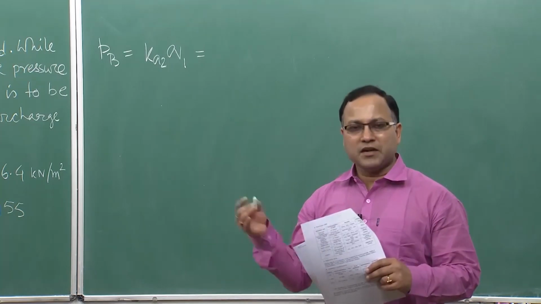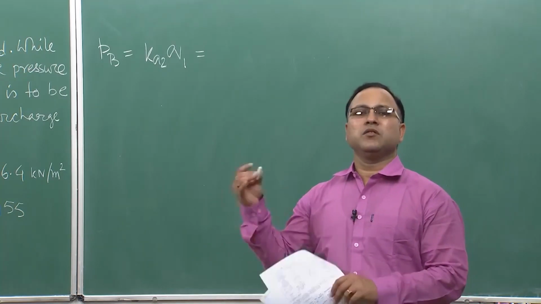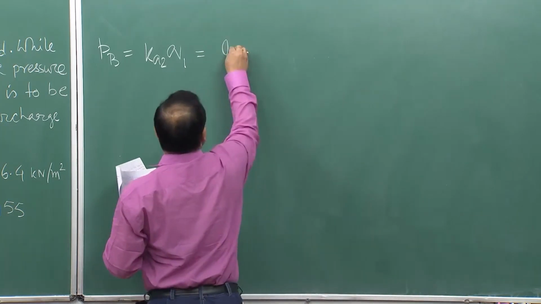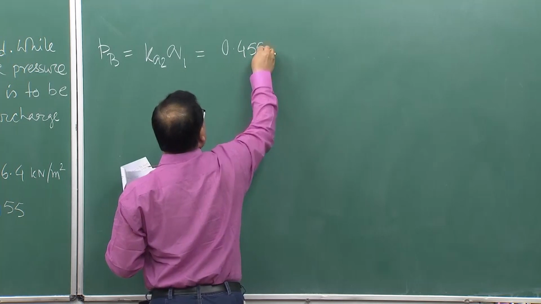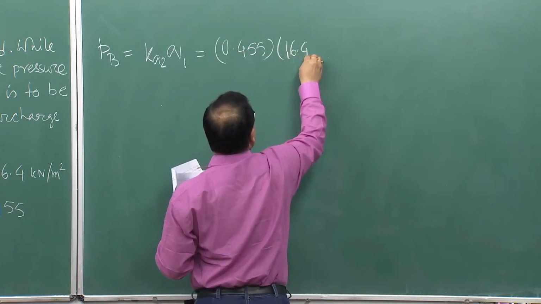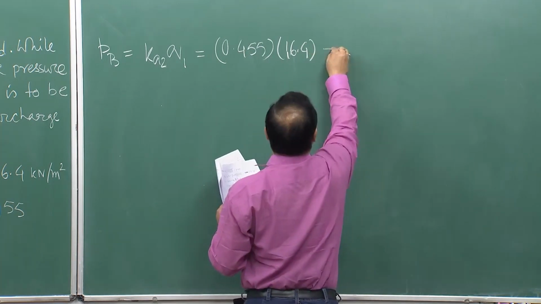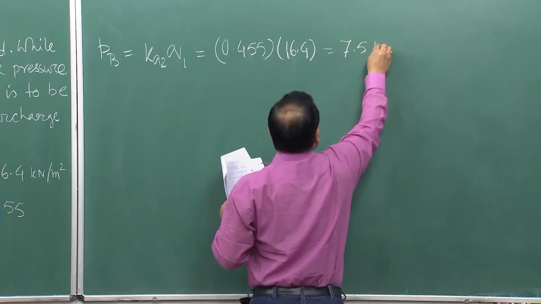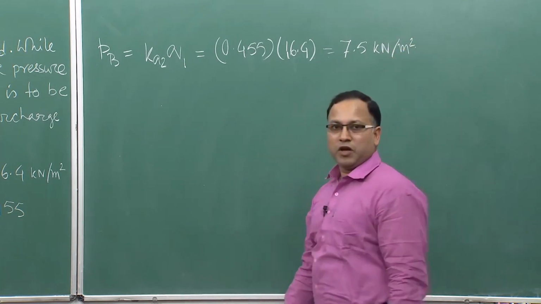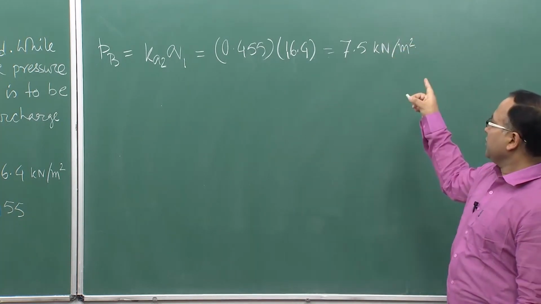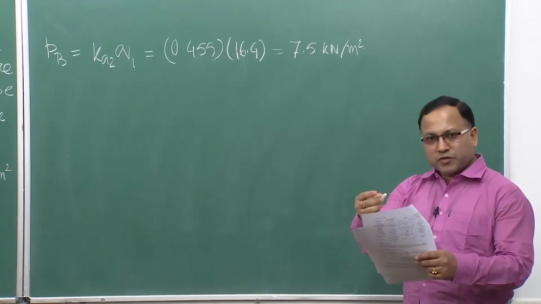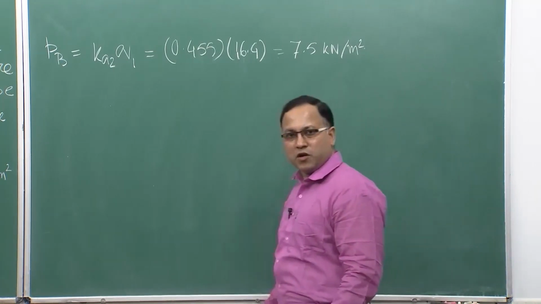So, the lateral pressure will be Ka into that surcharge amount. So, Ka2 into Q1, which is 0.455 times 16.4, which comes as 7.5 kilonewton per meter square. So, you are getting a jump at point B, from 6.7 to 7.5, when you travel from stratum 1 to stratum 2. You get this discontinuity and jump.